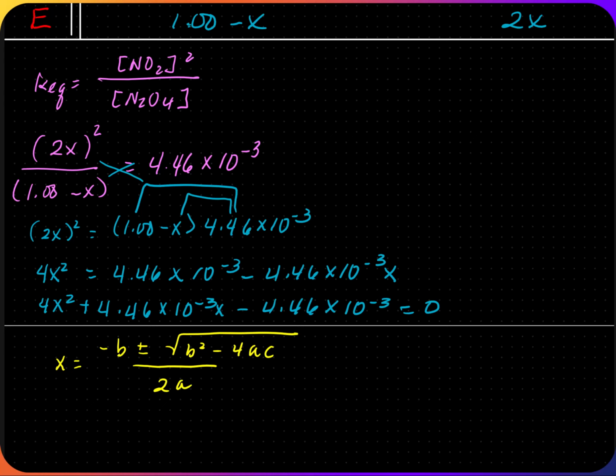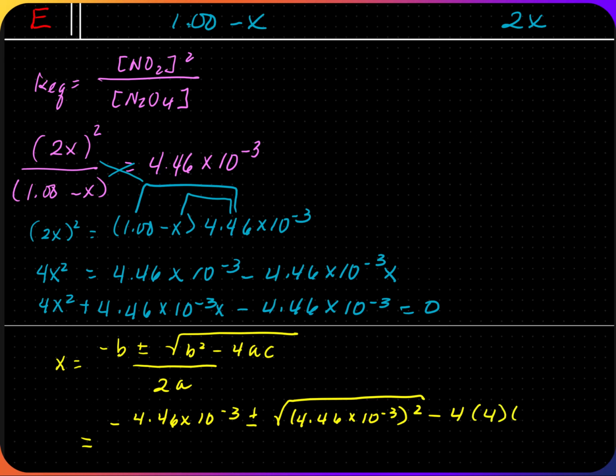So if I plug this in, this is negative b, which is 4.46 times 10 to the negative third, plus or minus the square root of b squared, which is 4.46 times 10 to the negative third squared, minus 4, a is 4, c is 4.46 times 10 to the negative third, divided by 2 times 4, which is the a.